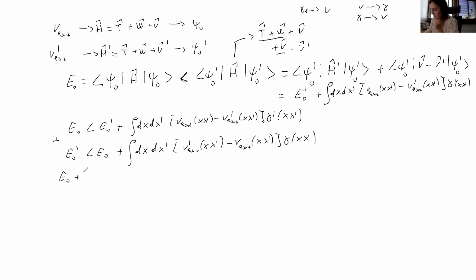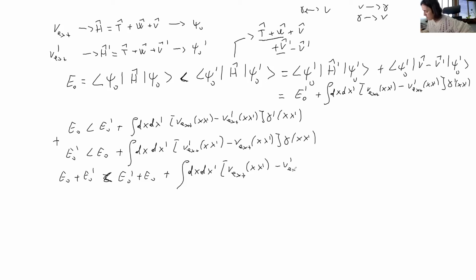So I have smaller than E0 prime plus E0 plus, and then here I put them together. So this is the same as this one with a minus sign in the front, and which multiplies the gamma prime minus the gamma x prime.